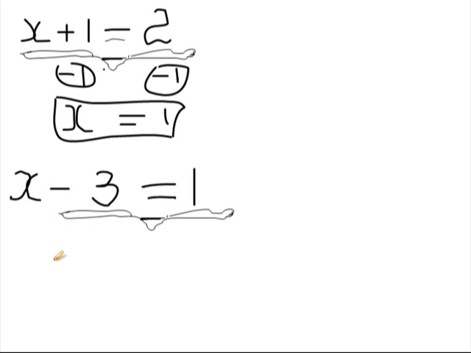To cancel the minus 3, I have to put plus 3 here, and plus 3 here, so that the equation is balanced. So remember, whatever operation you do on the left, you should do the same operation on the right. If not, it's going to be unbalanced.